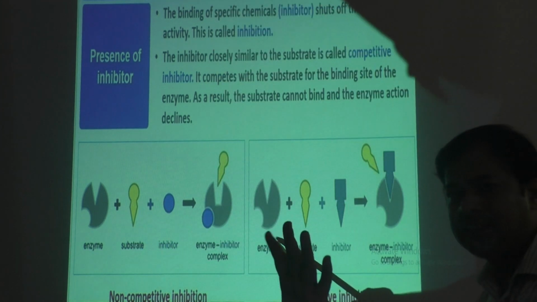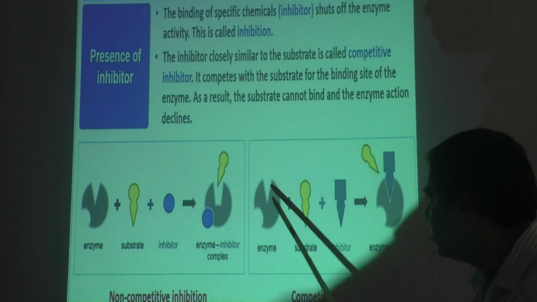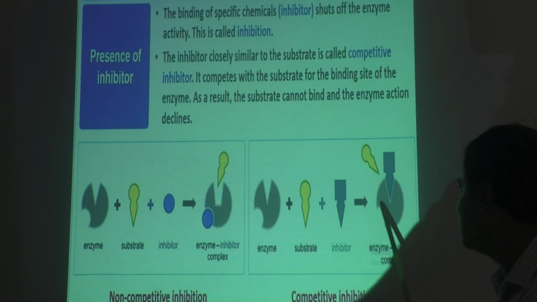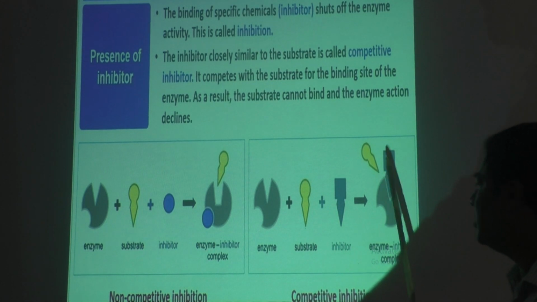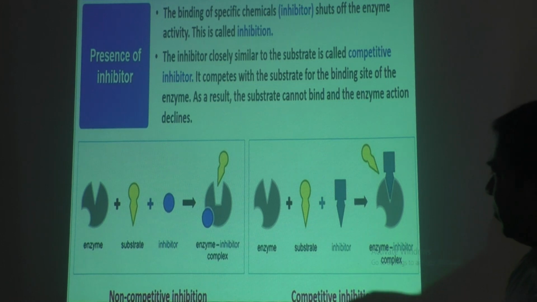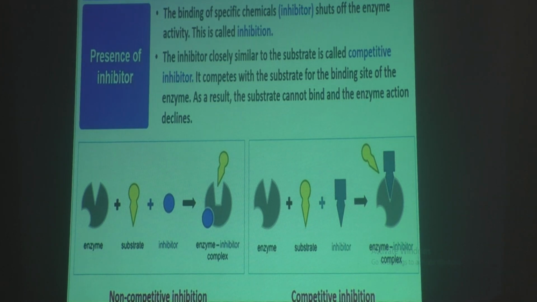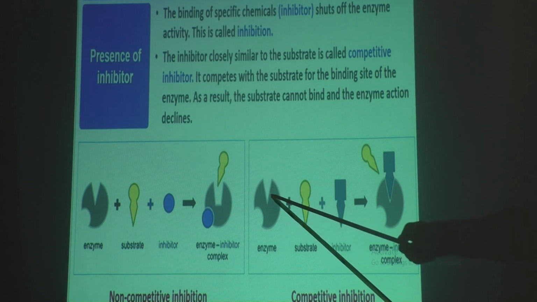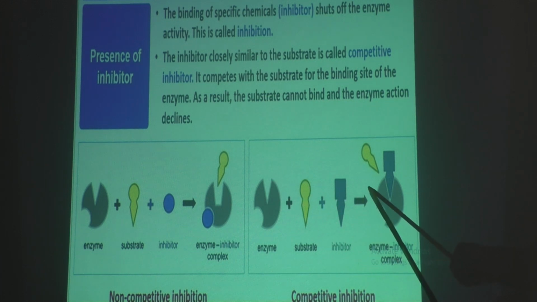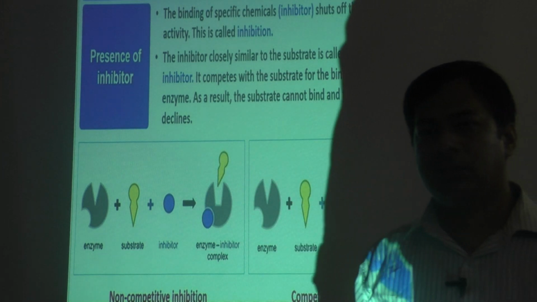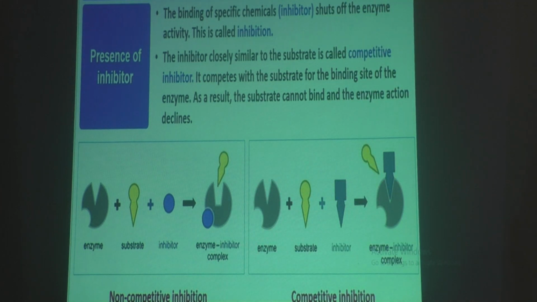Substrate remained as it is, no change of substrate into product. Then the inhibitor also remained as it is. Then just enzyme substrate inhibitor bound. And a very important thing you notice is, instead of substrate binding, the inhibitor binds, then it stops the substrate. No enzyme activity. Okay, so this is what happens there.